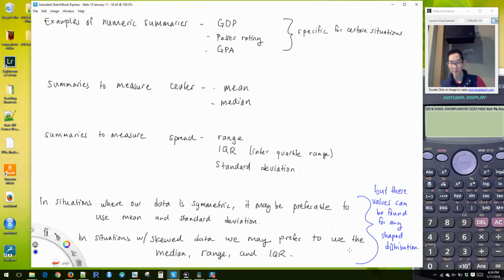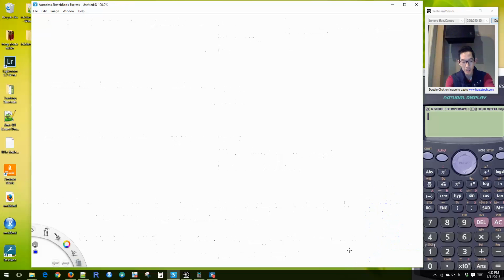Okay, so just a quick check. True or false, if a data distribution is skewed left, we are likely to have outliers much larger than the rest of the data? False. Skewed left, we're probably going to have outliers that are much smaller than the rest of the data. True or false, with symmetric data, you are unlikely to have outliers?